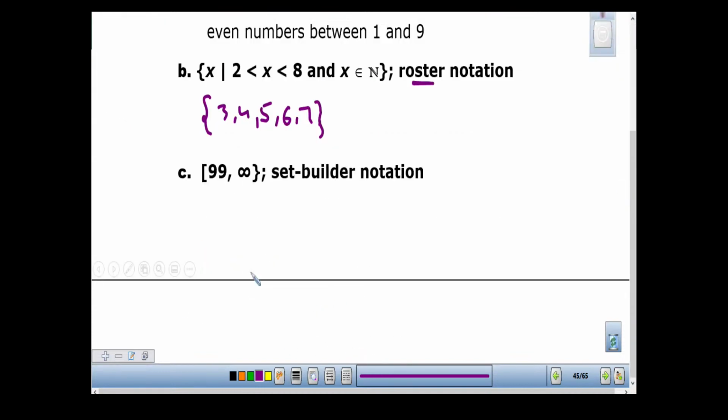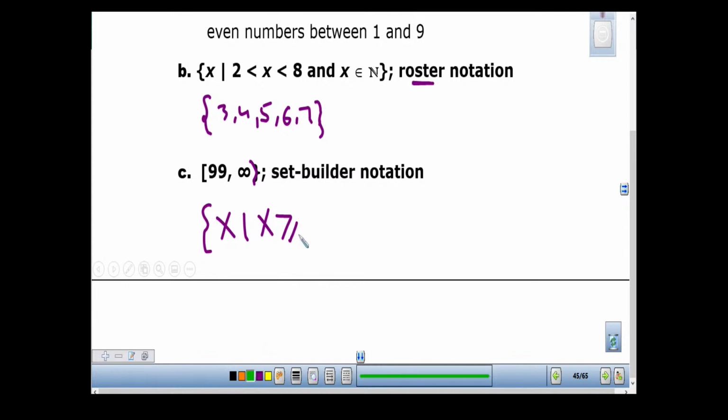Set builder notation for the next one. Use set builder notation to describe this here. I believe this is parentheses here. You've got 99, including 99, all the way to infinity, and they want to see this in set builder notation. Set builder notation, like the "such that," remember? So this is x such that x is greater than or equal to 99.